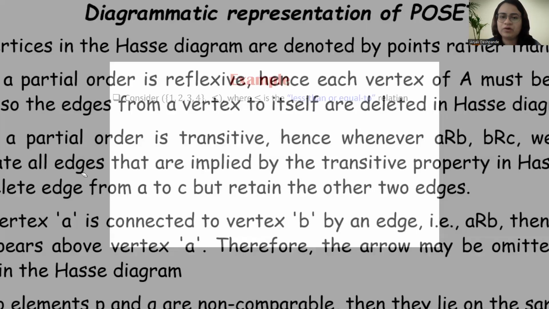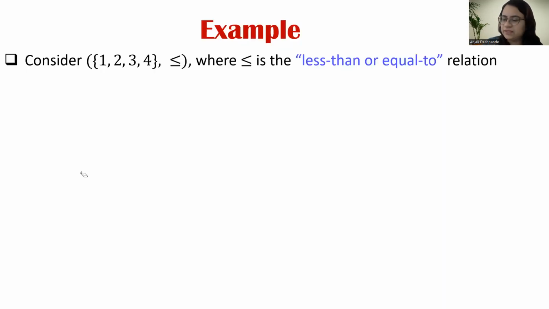Now, moving on to an example. This is the poset given to us. This is my set S and this is the relation. The relation is the less than equal to relation. How can I define the relation R?